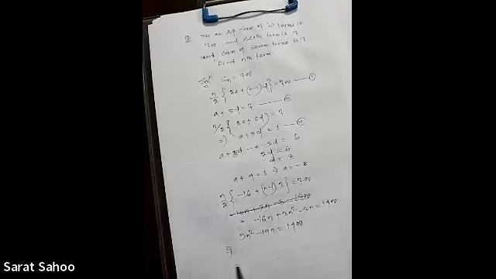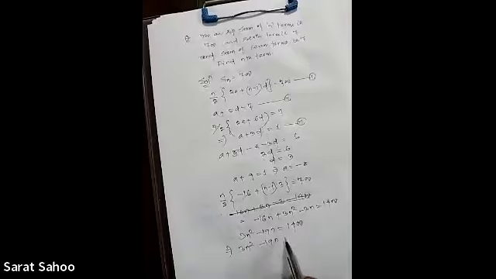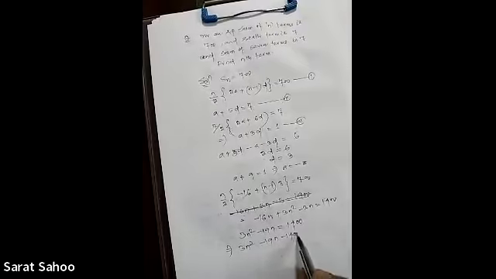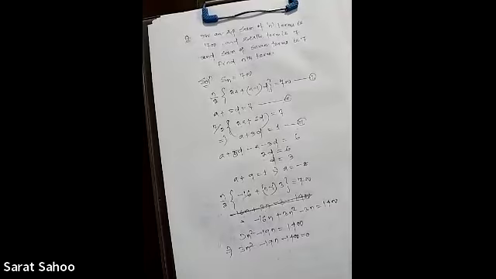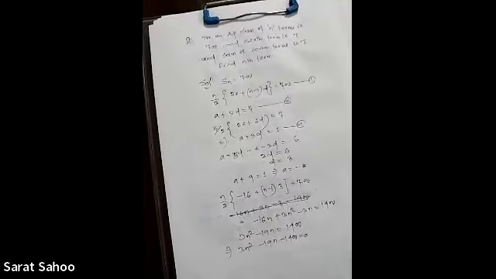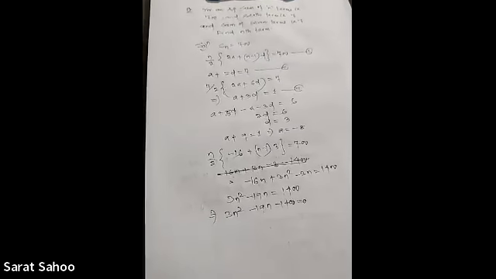So 3n square minus 19n minus 1400 is equal to 0. Okay. Now splitting the middle term: 3n square minus 75n plus 56n minus 1400 is equal to 0.